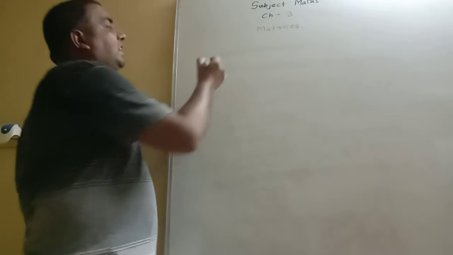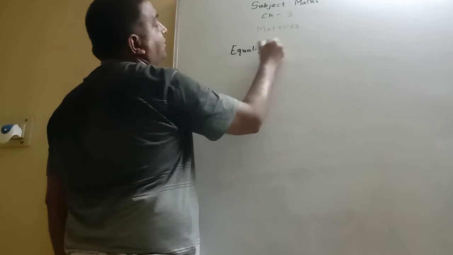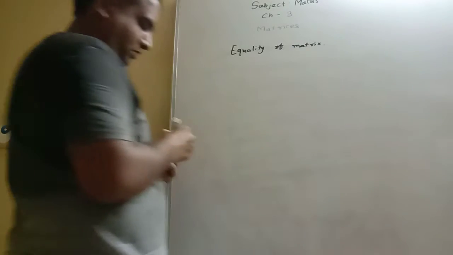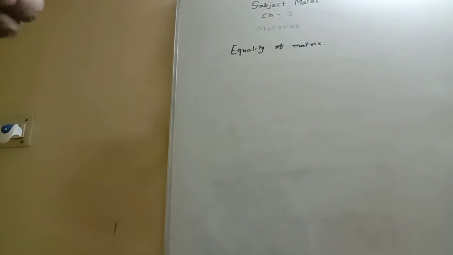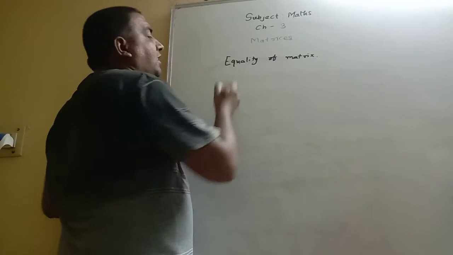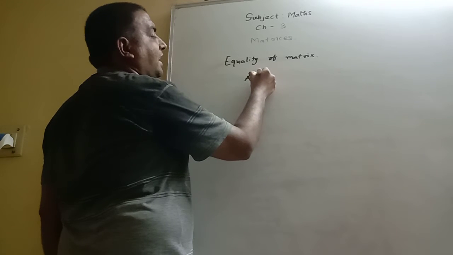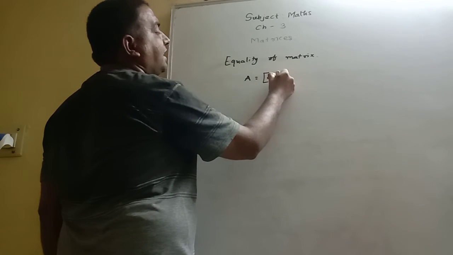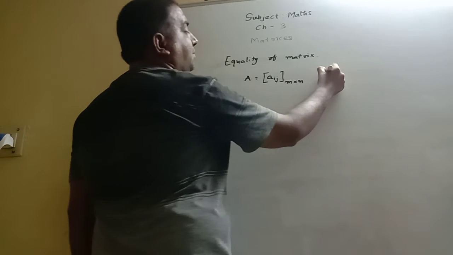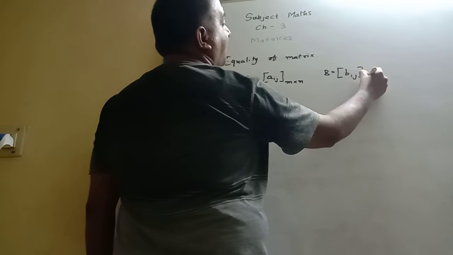Now let's see the equality of matrices. In equality of matrices, we do a comparison of two matrices. Suppose matrix A is given as Aij of order m cross n and matrix B is given as Bij, its order also m cross n.